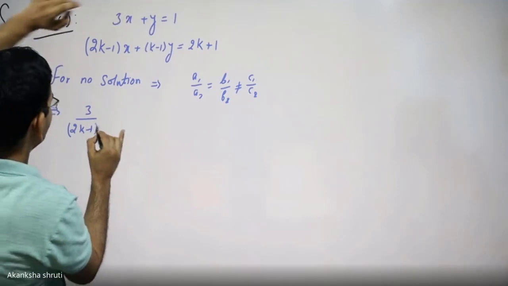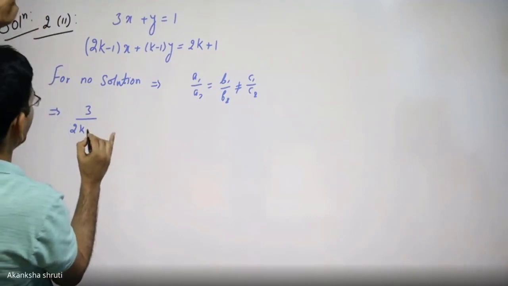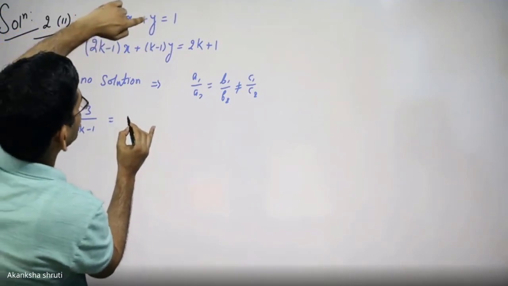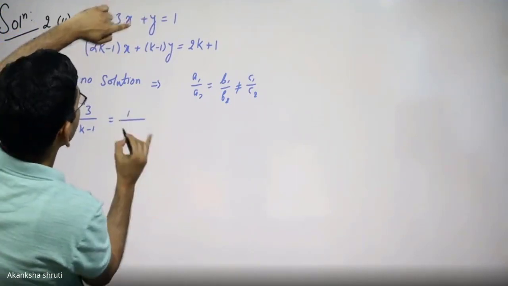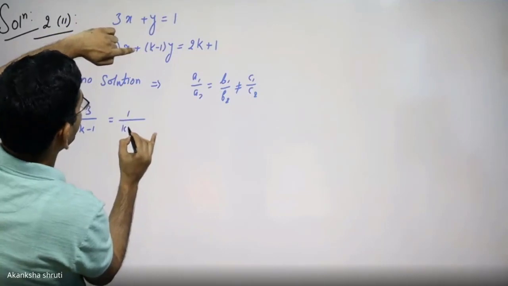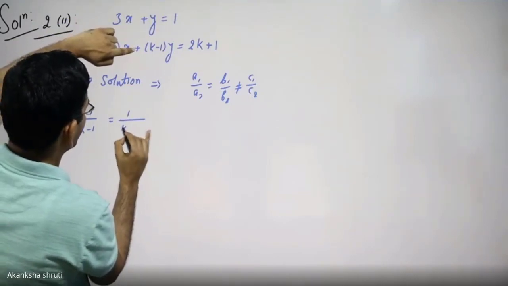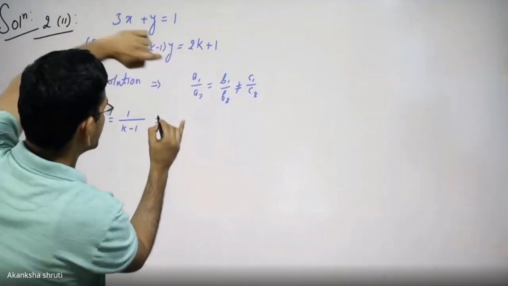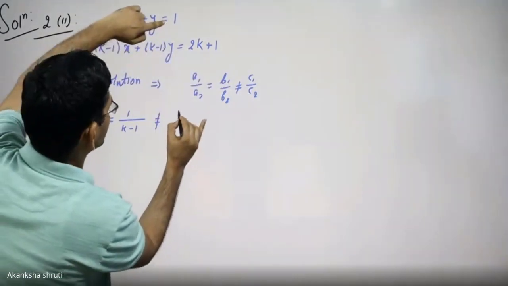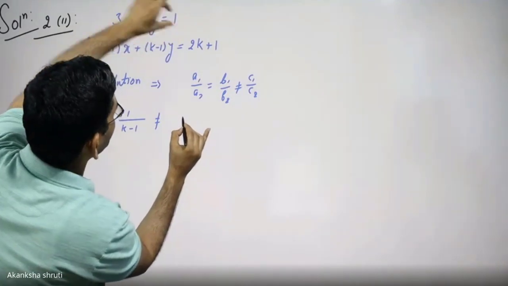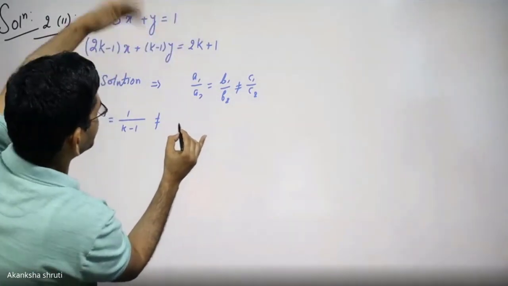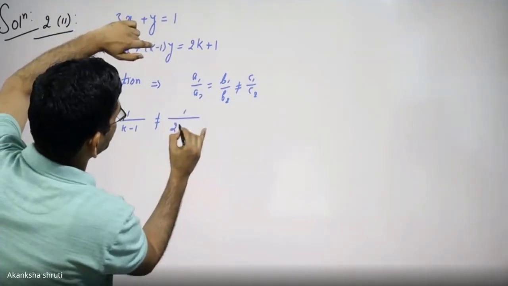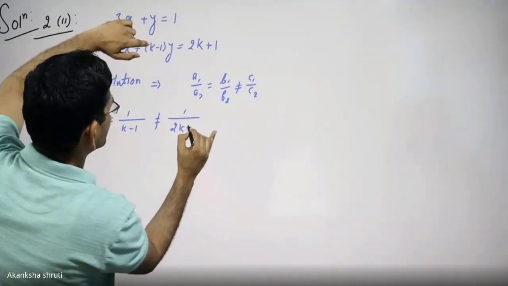You can leave this bracket, or if you wish, you may put it, is equal to, the coefficient of y is 1 and b2 is k minus 1. Keep in mind, this should not be equal to c1 by c2. Even if we bring this, it becomes negative, this becomes negative, or even negatives will get cancelled. So 1 by 2k plus 1.